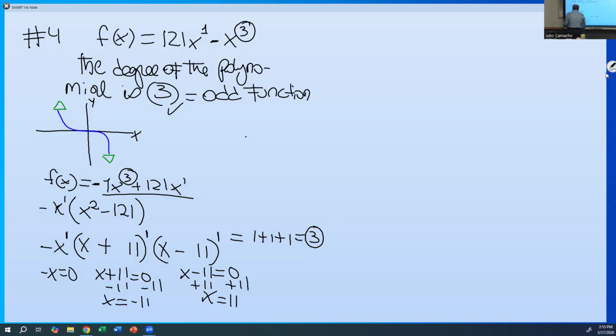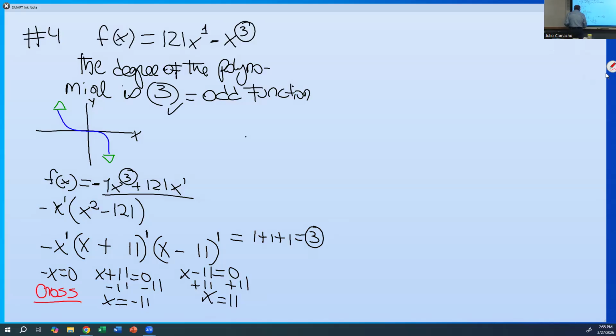The multiplicity is 1. That means it will not only touch, but will cross. Because remember what I said, if the multiplicity is even, we know that it will only touch and bounce. But if the multiplicity, the exponent, is odd, all the odd ones cross the x-axis. So one of the places where the line will cross the x-axis is when x is 0.